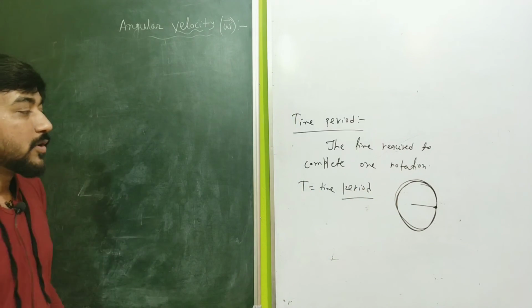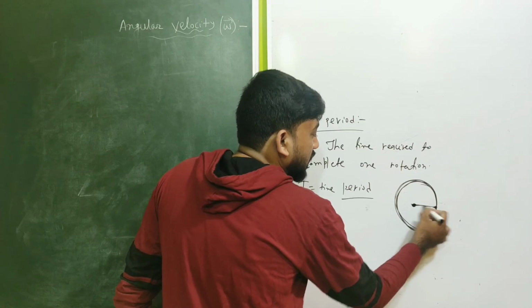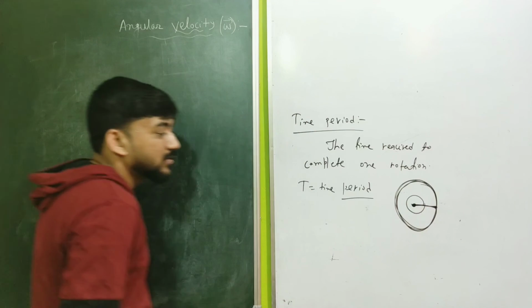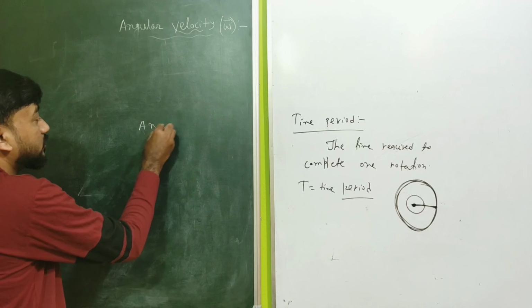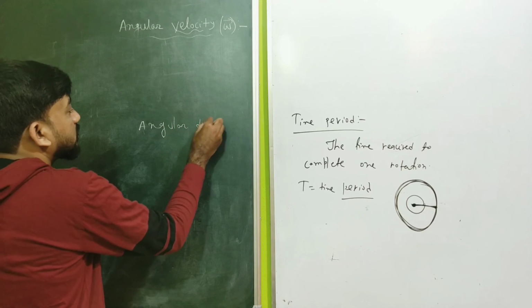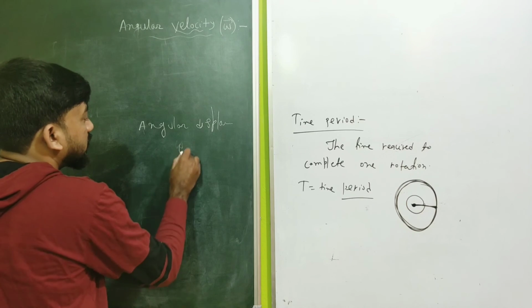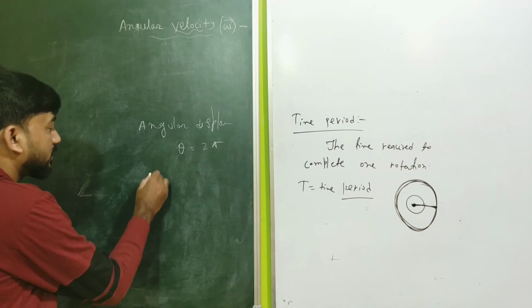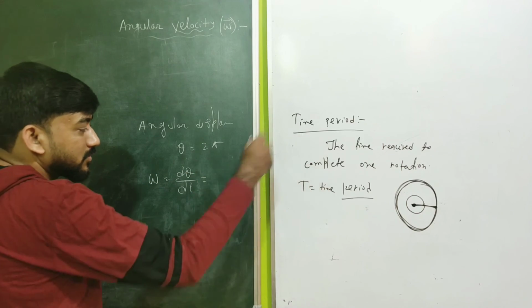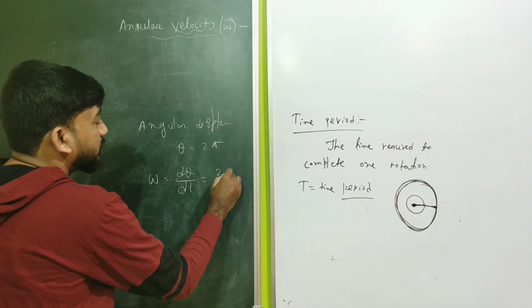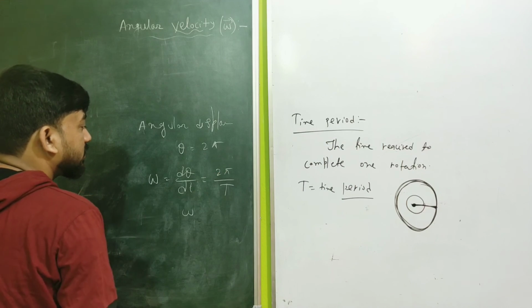Now for the complete time period, from here to here, this radius vector makes an angle 2 pi. So the total angular displacement theta is nothing but 2 pi. You can write omega as d theta by dt, and here d theta means theta, which is 2 pi, and dt will be capital T, because for one complete revolution it takes capital T time, the time period.